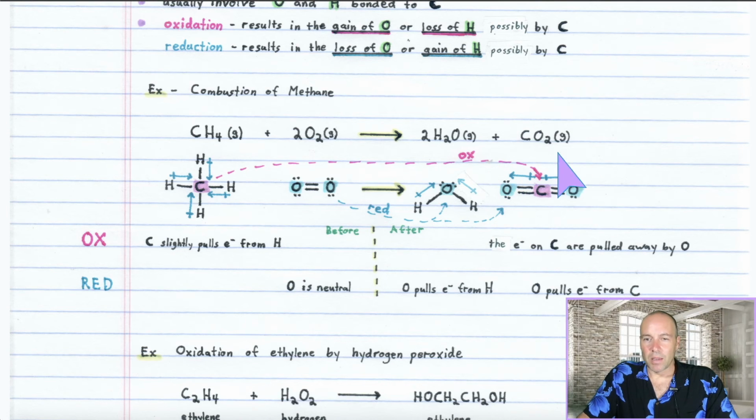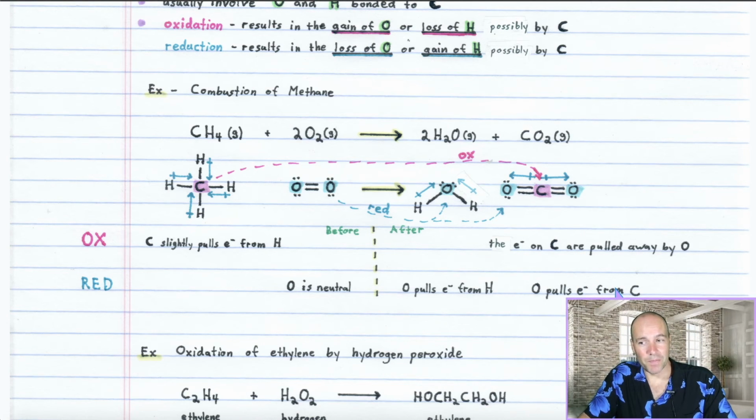And while the molecule itself might be nonpolar because the bond dipoles cancel off, we can't say there's a negative side and a positive side. They're both pulling electrons away from the carbon. You see, the electrons on the carbon are pulled away by the oxygen, so carbon kind of has a lack of electrons here in this environment, and the oxygens have extra electrons, because it gets to pull them away from the carbon.